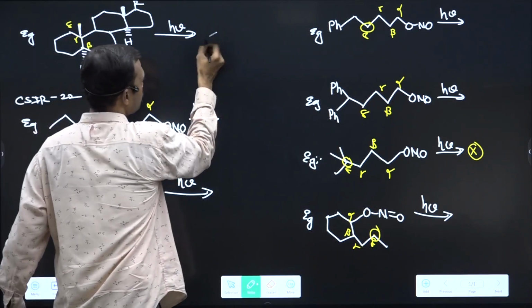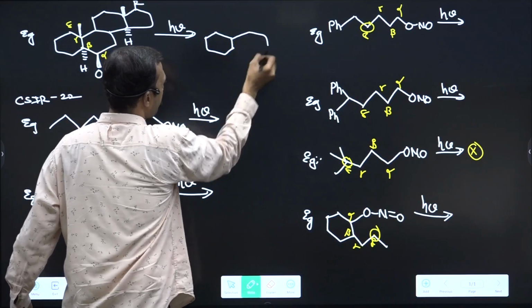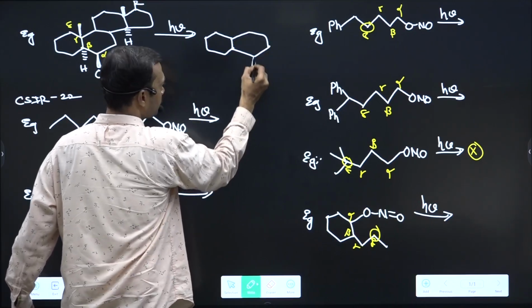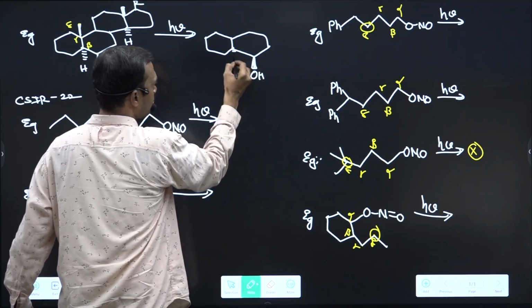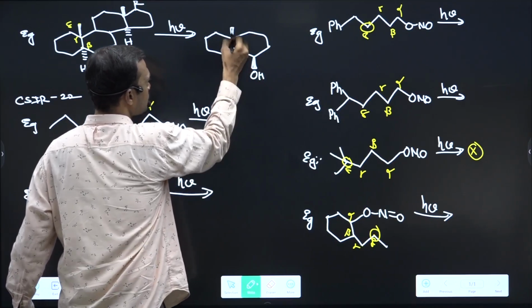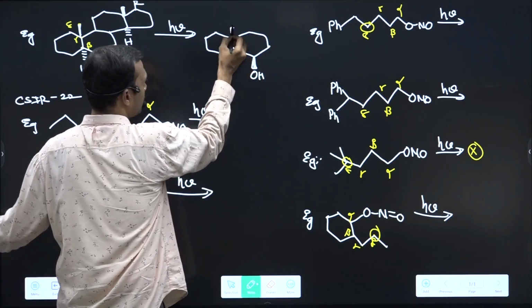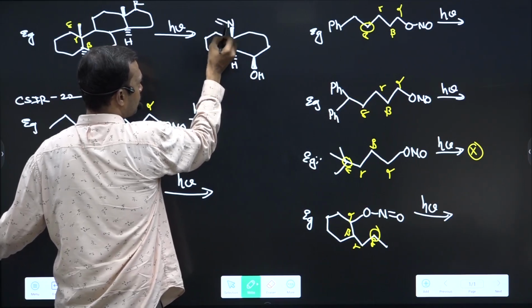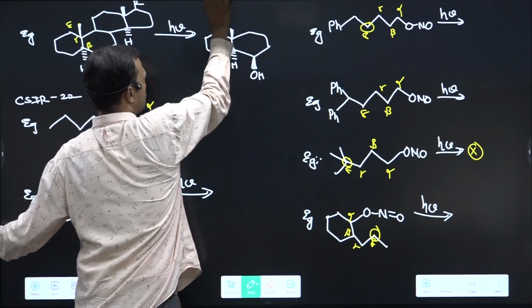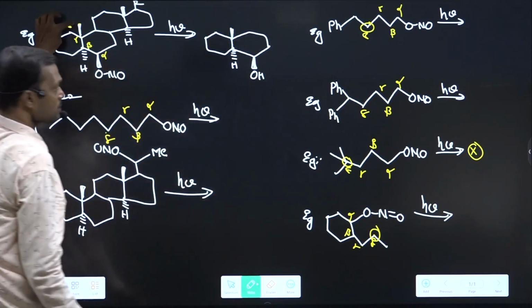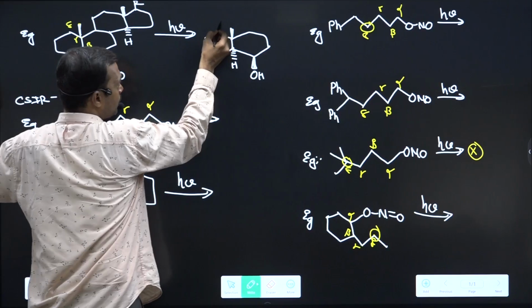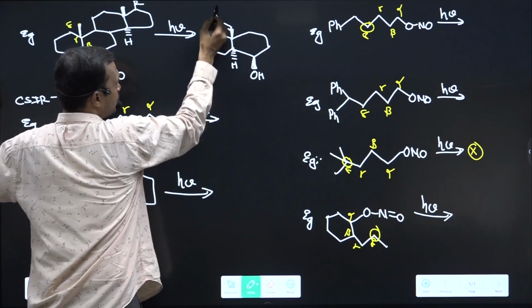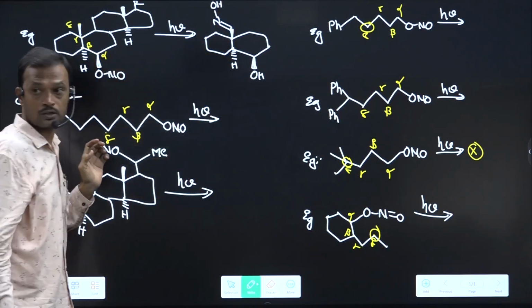So, what is your answer? Can I write a thick line here? Write hydroxy and write a dotted line. This is a thick line. Here you will get nitrogen, and here you will get nitrogen double bond like this. See, here is carbon there or not? This carbon is connected to nitrogen. So this is nitrogen and this is OH, oxime.